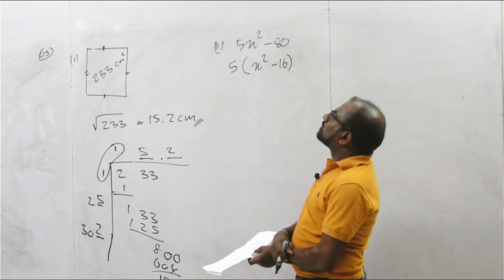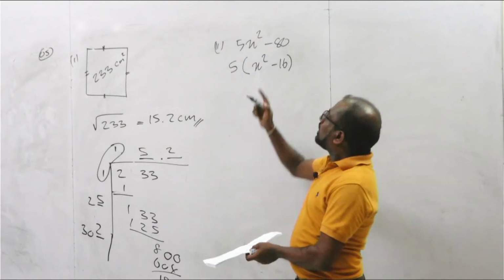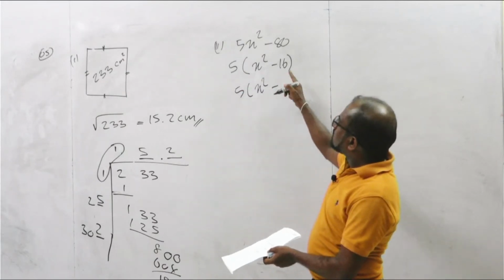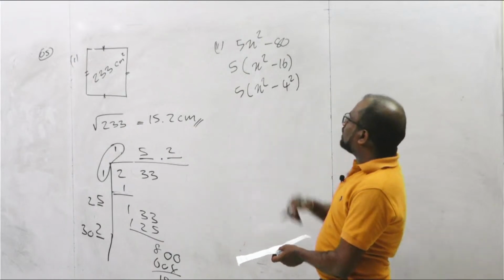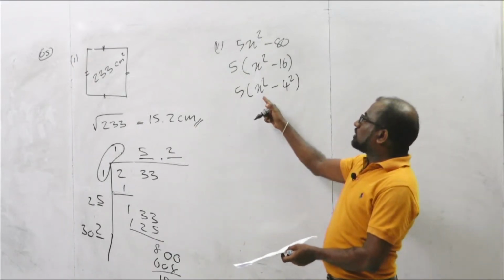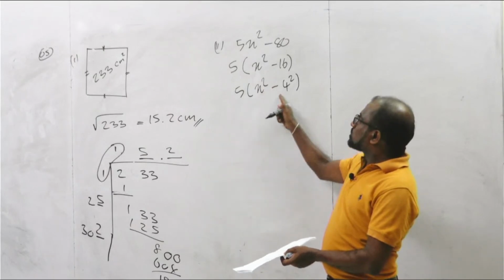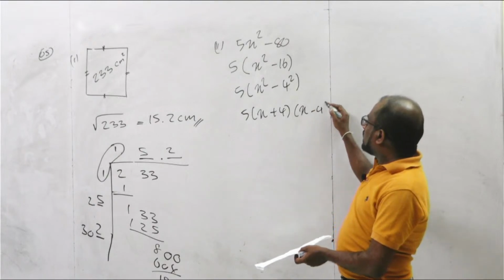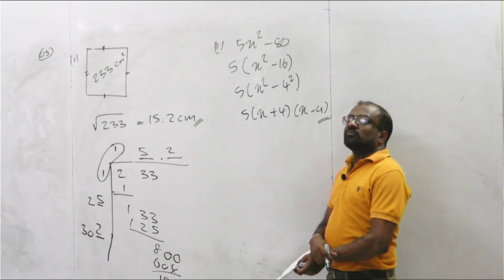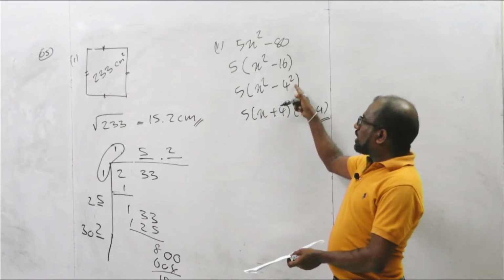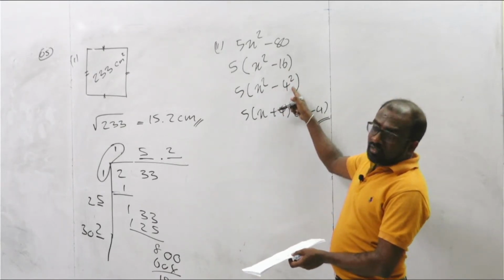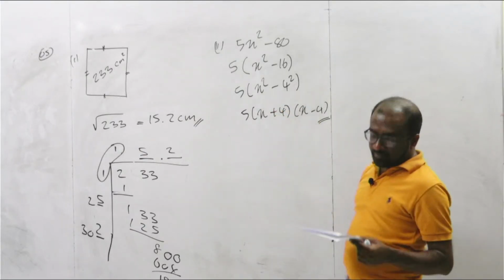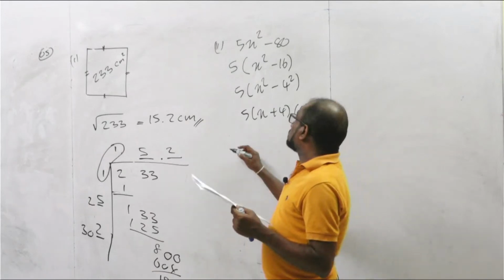Now look carefully and apply the difference of two squares. 16 is 4 squared, so x squared minus 4 squared, difference of two squares, you can write the factors x plus 4, x minus 4.